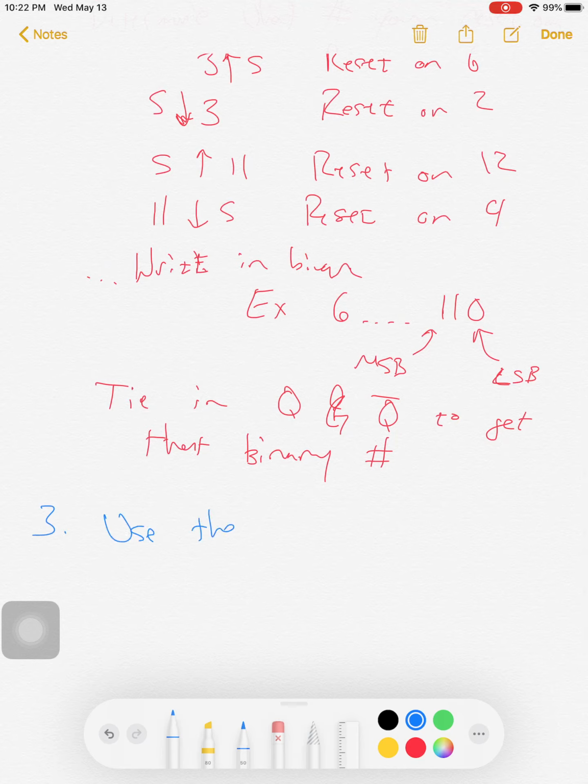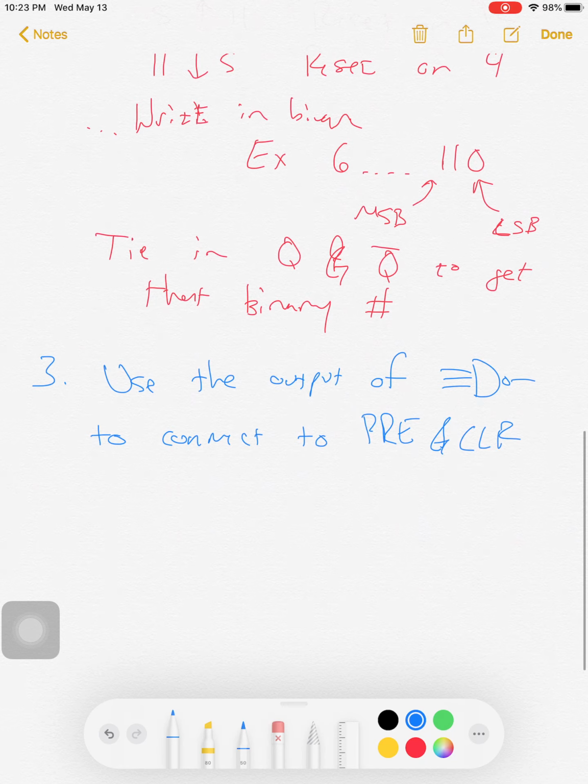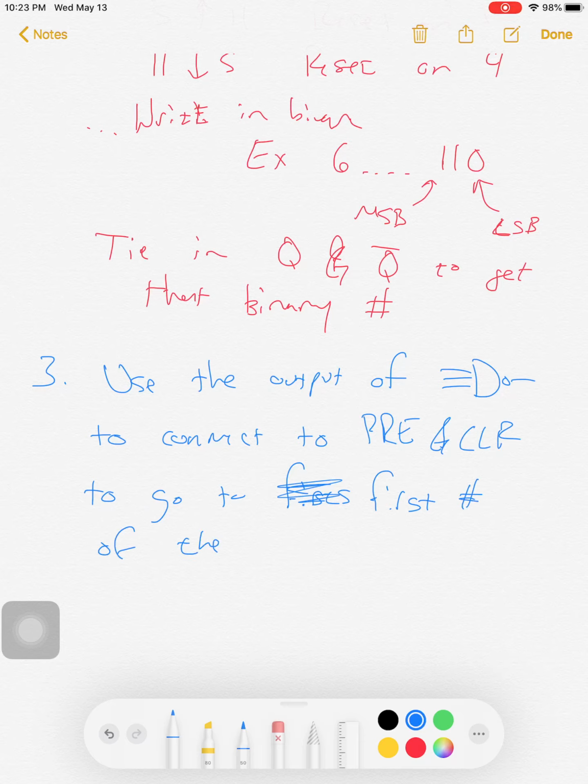All right, our third step. Use the output of the NAND. Now remember, you may have a 2-input, 3-input, or a 4-input NAND to connect to the presets and clears to go to the first number of the count.